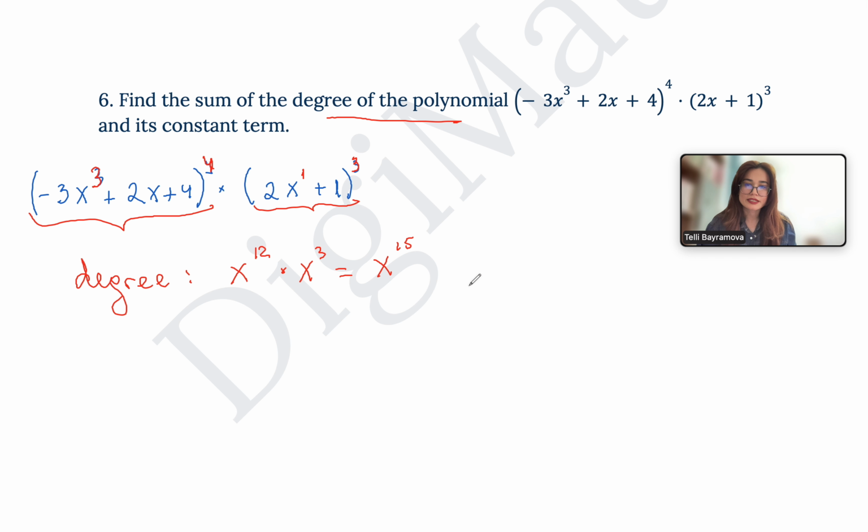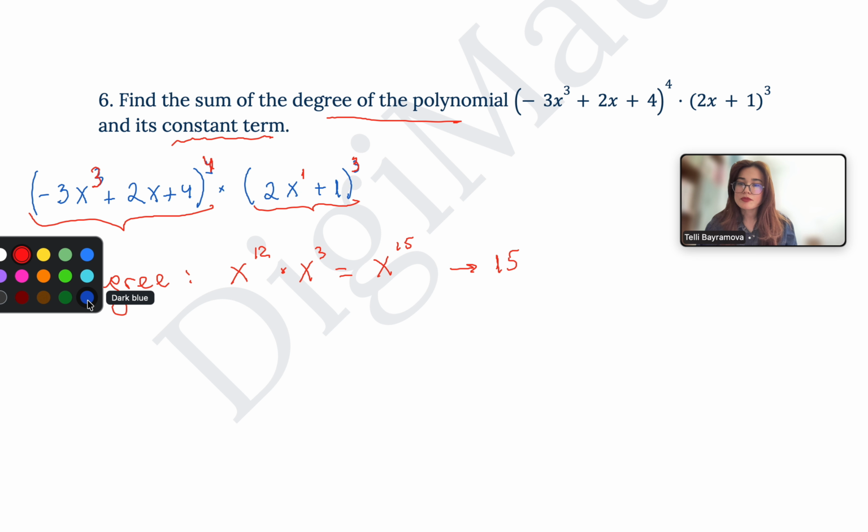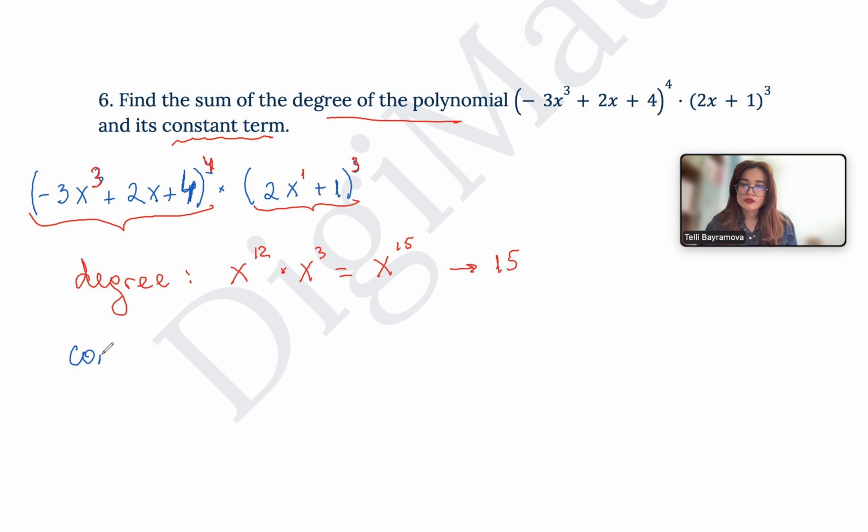After that, the question asks to find the sum of degrees. I found the degree. The degree is 15. And the constant term is the number which is constant, as you know from the name. 4 to the power of 4 is the constant term, times 1 cubed, since it is a multiplying sign, we multiply by 1 cubed. 4 to the power of 4 is 256.